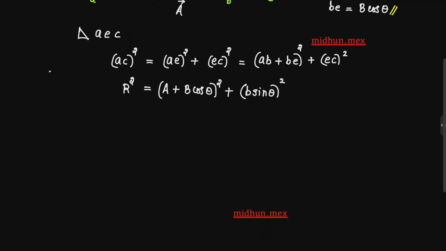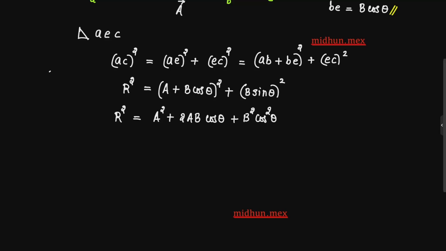Now let us expand this. R square is equal to A plus B cos theta whole square, giving A square plus 2AB cos theta plus B square cos square theta. And remember, here I have to put capital B. I made a mistake here.